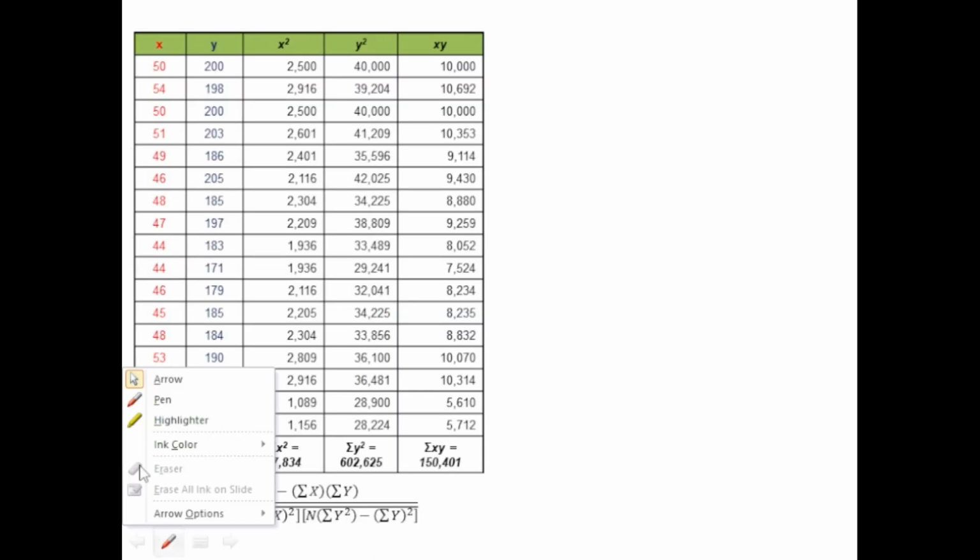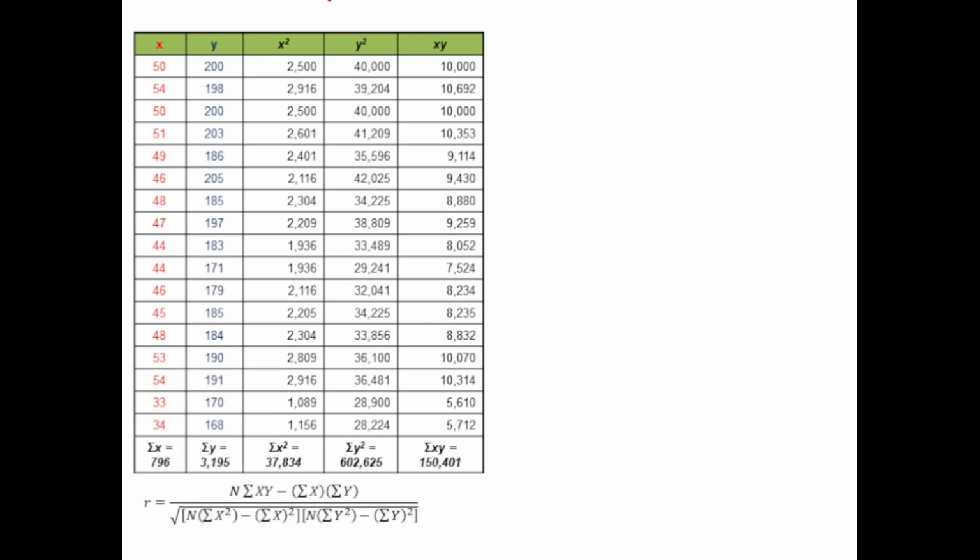Okay. So ito yung table x and y. So square the x, square the y, multiply x with y, and then get the total score. Okay, after get the total score, we're ready to substitute dun sa formula ng R. So ito yung magiging 17.